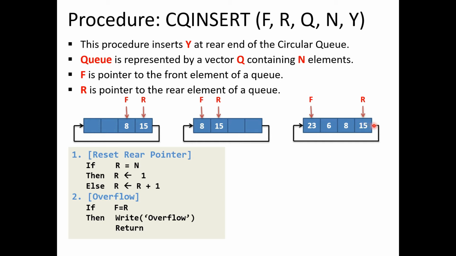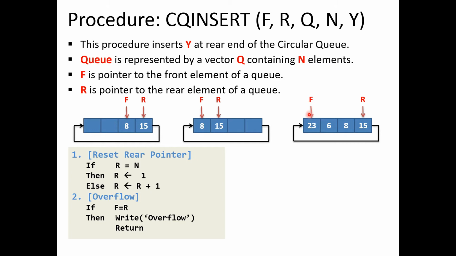Then if we want to insert any element in Q, we have to set R at location 1, that is R is equal to 1, because if R is at position n, then we have to set our rear as 1 in a circular queue.